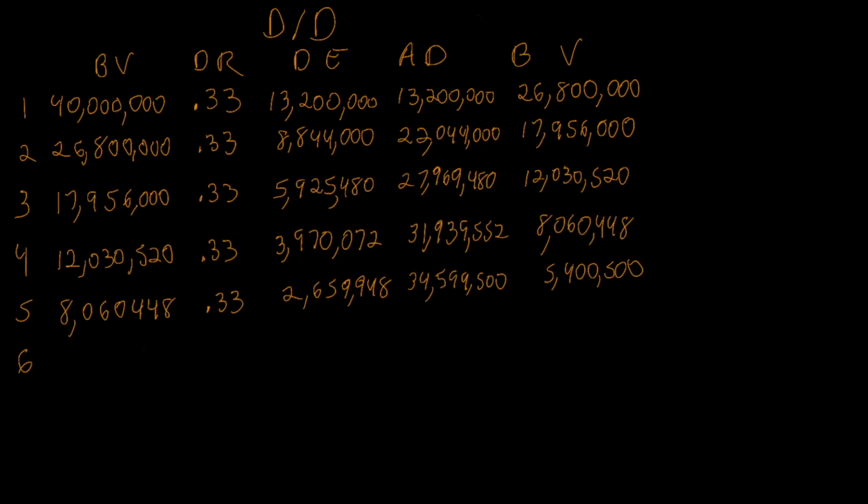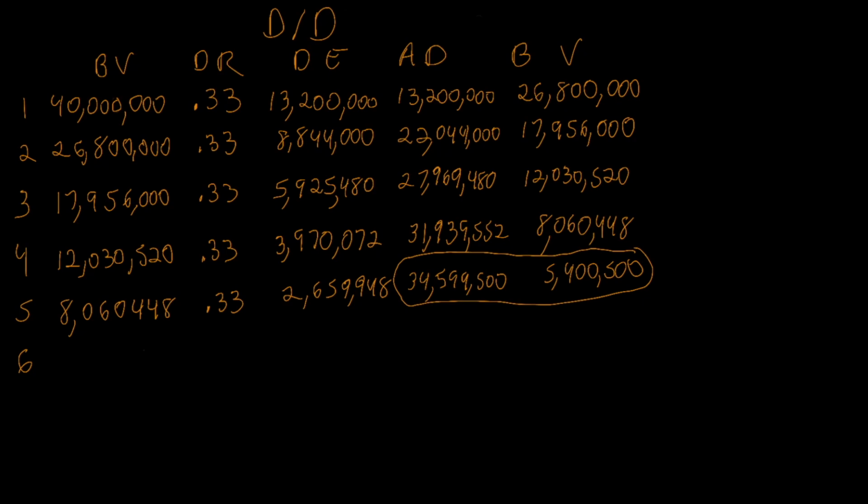And so I want us to pay attention to both the accumulated depreciation balance as well as the book value at the end of year 5. And as you can see at the end of year 5, our accumulated depreciation is $34,599,500, as well as our book value being $5,400,500.